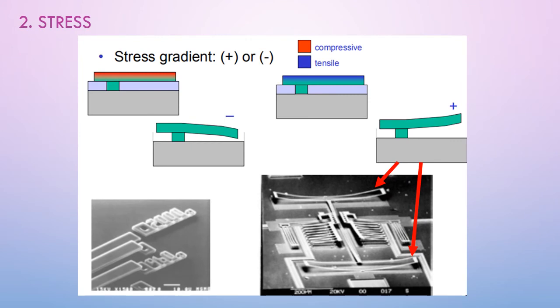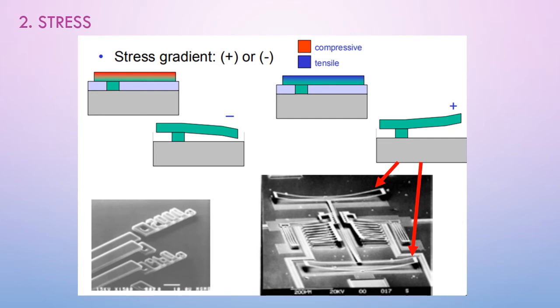The next one is stress. If you can see in the picture here, there are some compressive and also tensile stress on the surface of the product, the structural material.